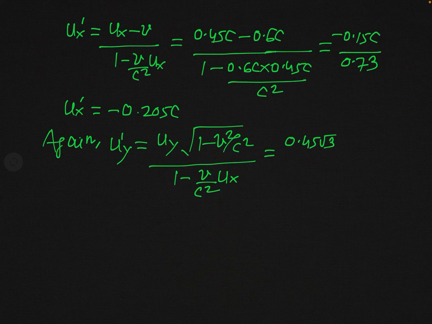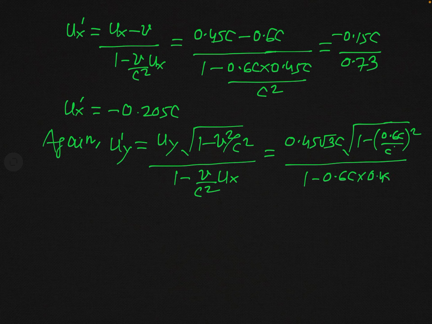0.45 into root 3c, and root over 1 minus v square by c square, where v is 0.6c, and c whole square, divided by 1 minus 0.6c into ux, ux is 0.45c over c square.